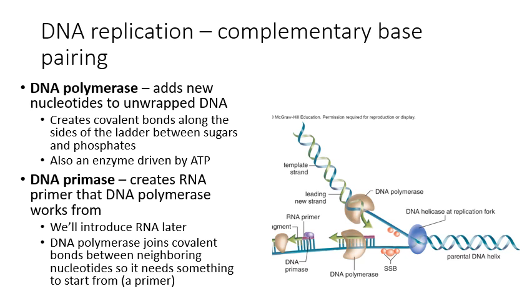DNA primase is going to come in and add what's called an RNA primer. So this is the RNA primer, and this is our DNA. And once this is here, now our polymerase can attach.